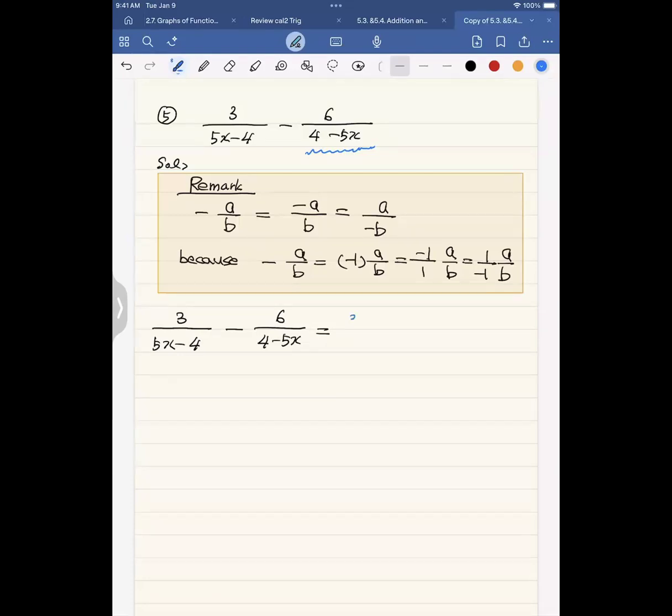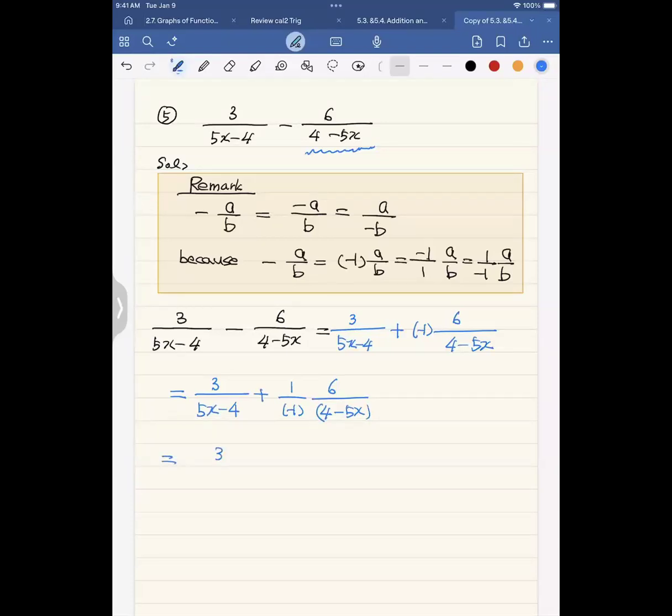We can rewrite it as 3 over 5x minus 4 plus minus 1 over 6 over 4 minus 5x. This minus 1 can be regarded as 1 over negative 1. So let's write down again 3 over 5x minus 4 plus 1 over negative 1 times 6 over 4 minus 5x.